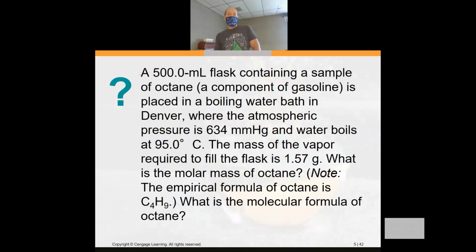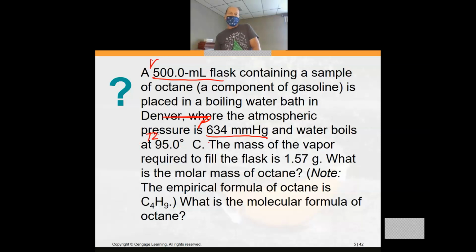All right, so we have a 500 milliliter flask containing a sample of octane, a component of gasoline, placed in a boiling water bath in Denver, where the atmospheric pressure is low at 634 millimeters of mercury. So there's a pressure, here's a volume, and the water boils at 95.0 degrees Celsius.